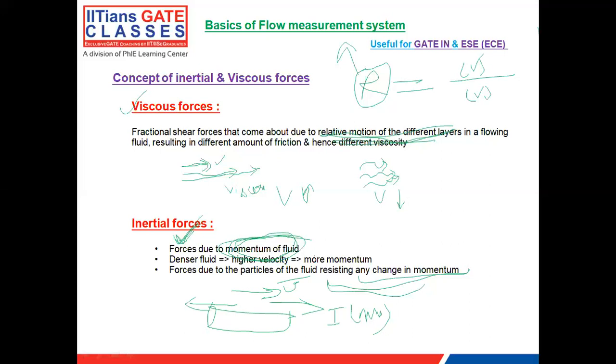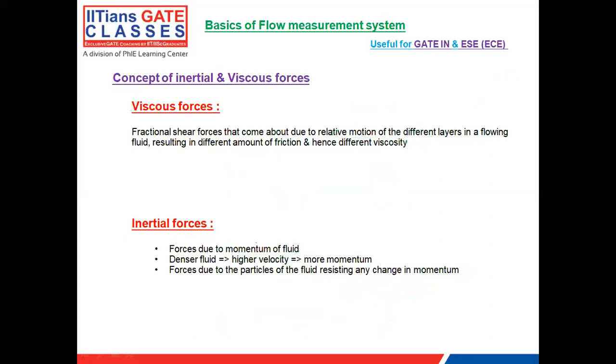Okay, let me explain it again, otherwise it will be confusing. I'm taking one layer, another layer, and a third layer. Three layers. This is near the boundary and this is near the center. If these layers are moving with different velocities, then due to the velocity and the mass, there will be momentum.